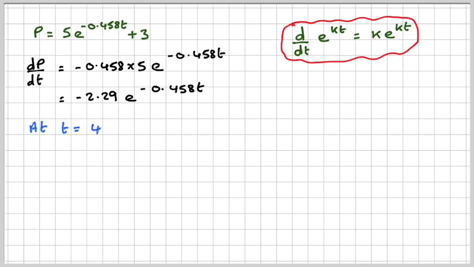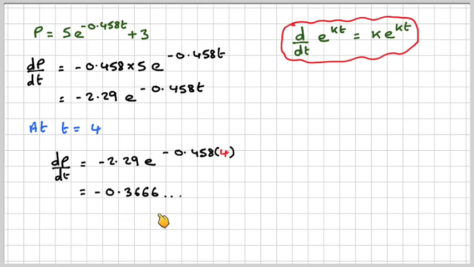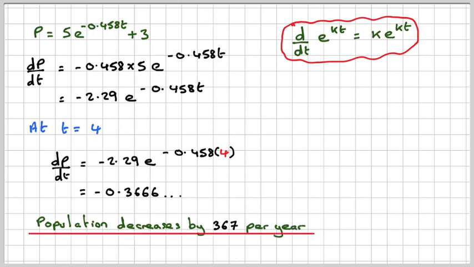Then when t is equal to 4, we substitute in. We get -2.29e^(-0.458×4), which will give me -0.36666. And therefore the population is decreasing, minus because it's decreasing, by 367 per year.